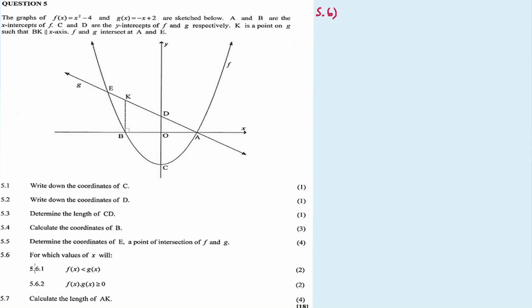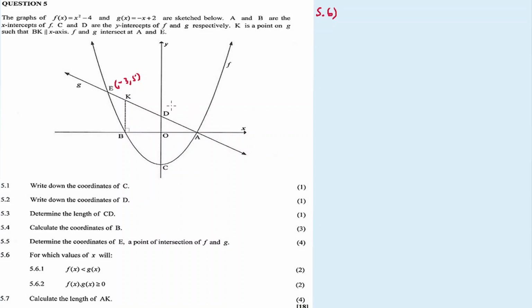5.6. For which values of x will f of x be less than g of x? For these questions, I think it's important to highlight the coordinates or have your coordinates handy. So like about minus 3 and 5, all the coordinates.